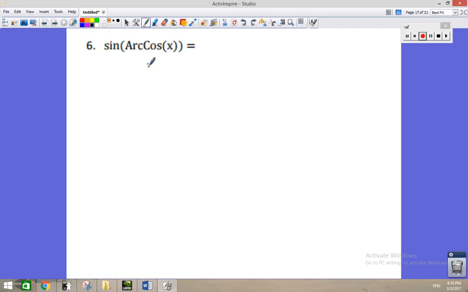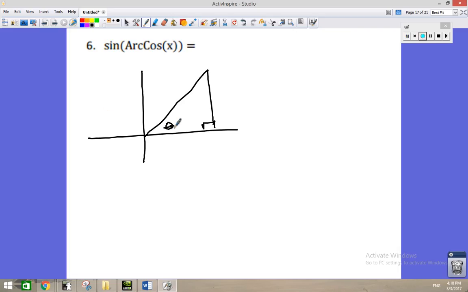Arc cosine is just a different notation for inverse cosine. We've seen that. So think quadrants 1 and 2, and I'm just going to put it in quadrant 1. I don't think I'll have any contradictions if somebody had assumed quadrant 2. I'm going to write x as x over 1.